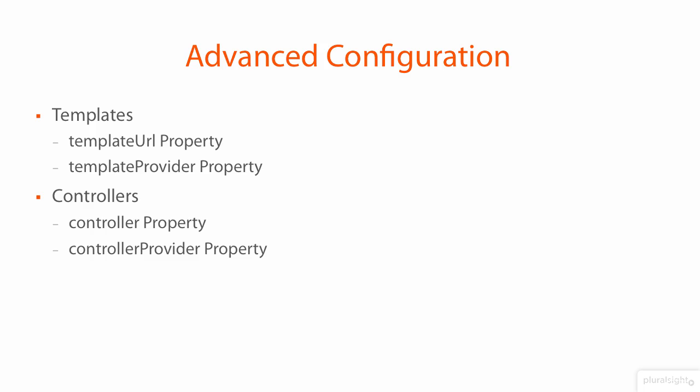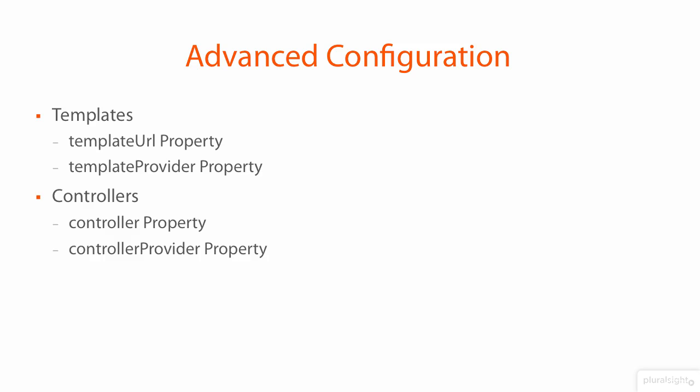Controllers have some similar options. In the examples I've shown so far, I've always specified a predefined constructor function for a controller as the value for the controller property. However, you can also assign an inline function to the property as well. I think this would quickly become messy and hard to read, but I wanted to point it out as an option.